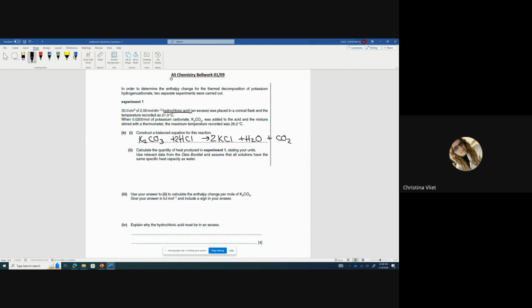The next question, so this was mark 1. The next question, calculate the quantity of heat. So what is the formula for quantity of heat? Density, yeah. And so M, what results in the amount of heat we're measuring is how much we have, right?